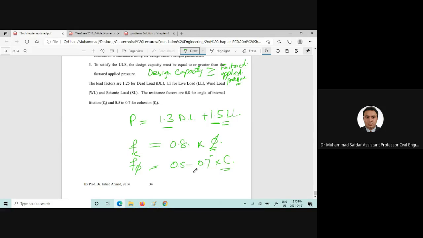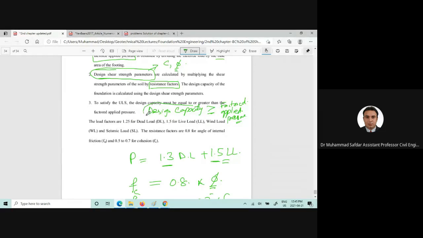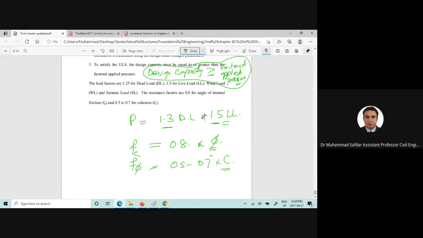So you reduce the shear strength parameters and you increase the loads, and then you get the design capacity, and you compare and find out the design capacity should be greater than the factored applied pressures.